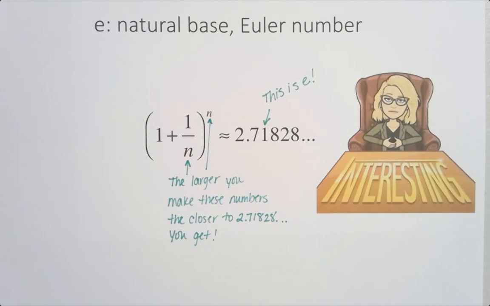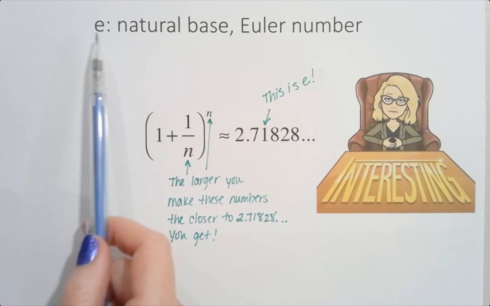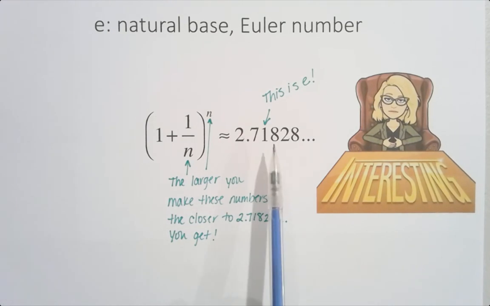We're going to talk about this more in logs next week, but it's kind of like pi, right? Pi is a symbol, but it is also a value, 3.14. We also have E. It's a symbol, but it's also a value, 2.71828. And it does keep going.